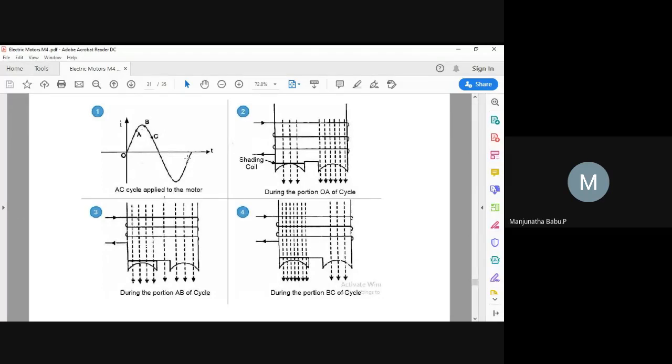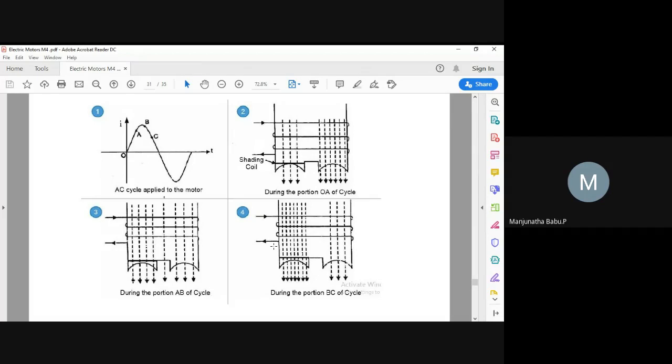When it opposes the main flux, again there will be strengthening and weakening of the shaded and unshaded portions. During portion B to C, the alternating current is induced, and as usual, according to Lenz's law, it opposes the main flux.